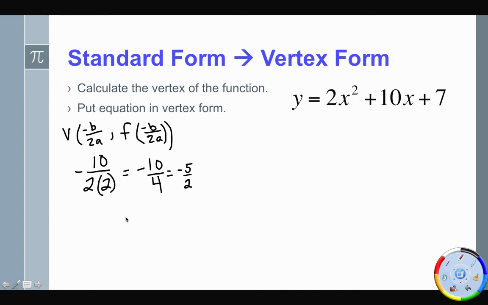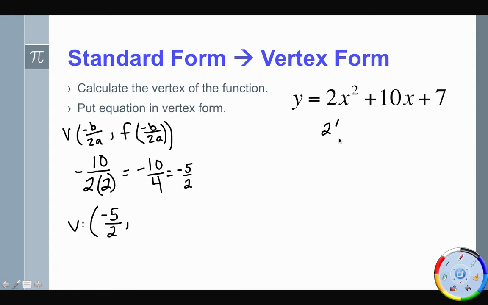So we get our vertex. The x coordinate of our vertex is negative 5 halves, or negative 2.5, depending on who you are. And we need to plug that number in to get our y value.